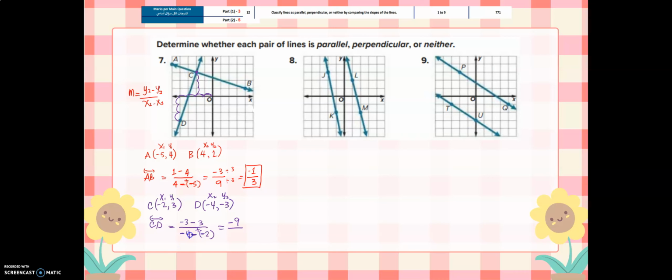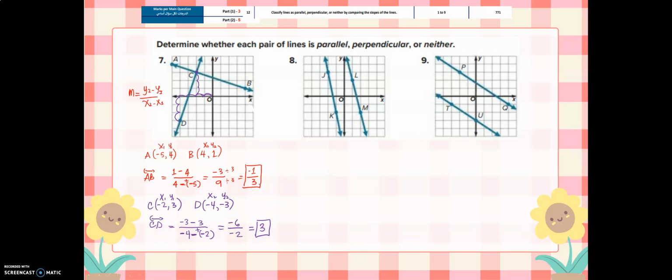So we have here -4 plus 2 will be equal to -2. I'm sorry, I made some mistake. It should not be -9, but it should be -6. So -3 minus 3 is equal to -6. And we simplify this. -6 divided by -2 is equal to +3. So the slope of CD is 3, the slope of AB is -1/3.